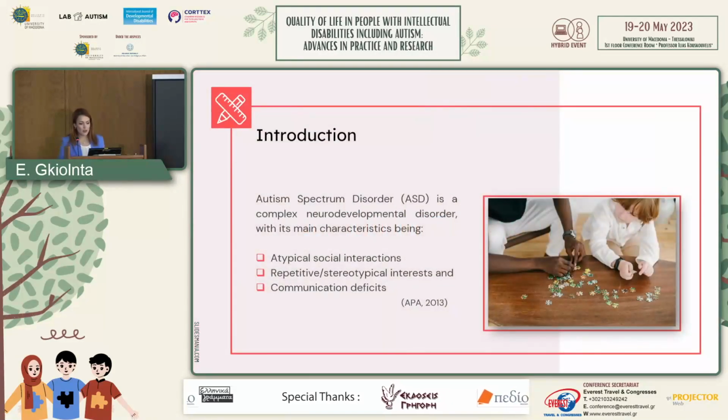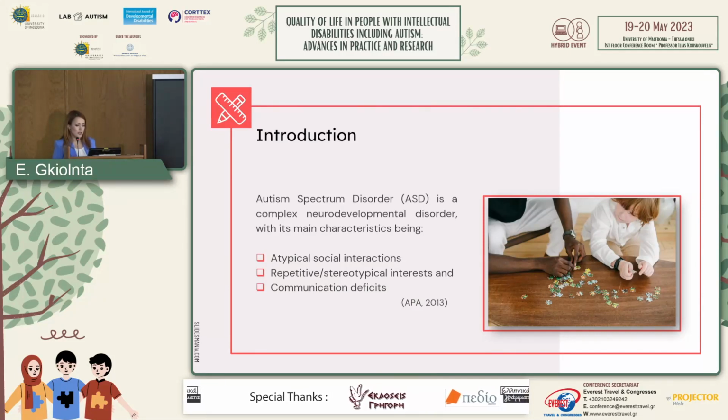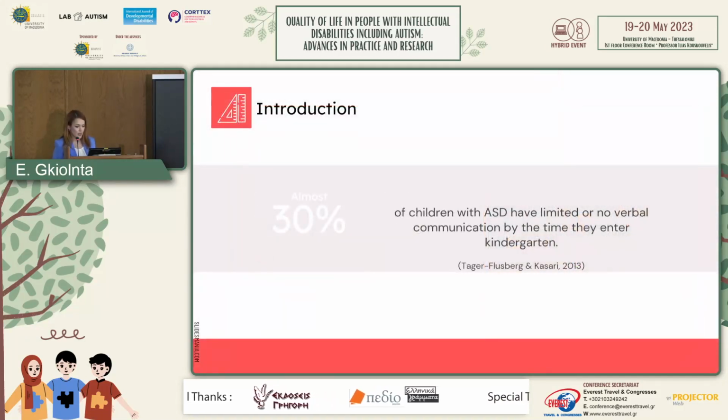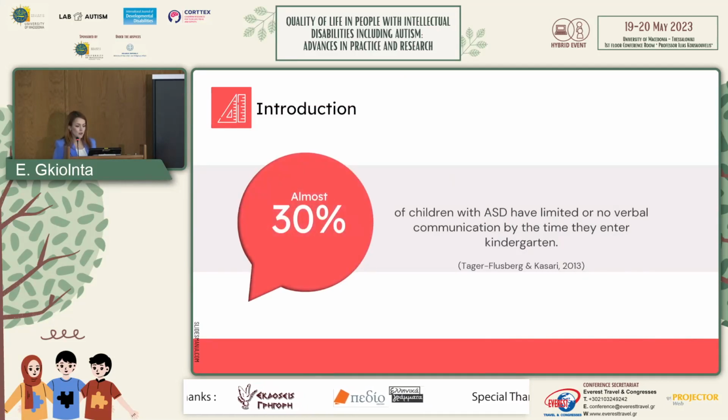Introduction. Autism spectrum disorder is a complex neurodevelopmental disorder with its main characteristics being the atypical social interactions, repetitive and stereotypical interests, and communication deficits. Almost 30% of children with autism have limited or no verbal communication by the time they enter kindergarten.